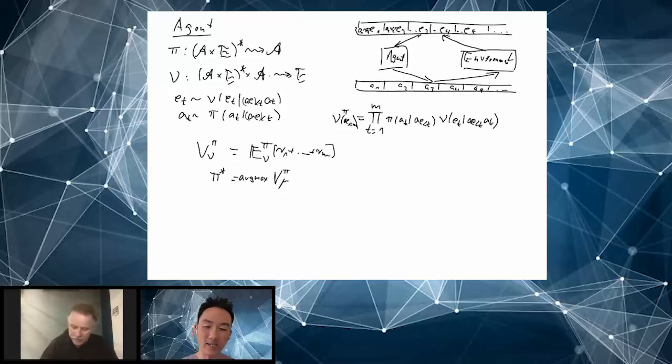Let's call it rho so that it's easier to read. And let's call the maximizer pi star. That would be the optimal policy if we knew which environment we are in. But we don't know mu, so what do we do?